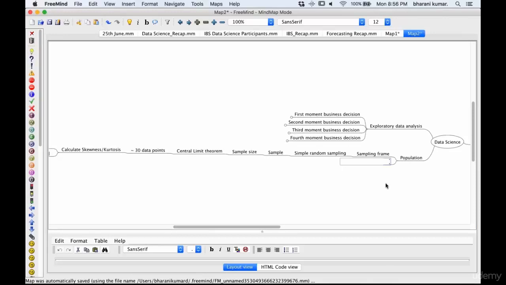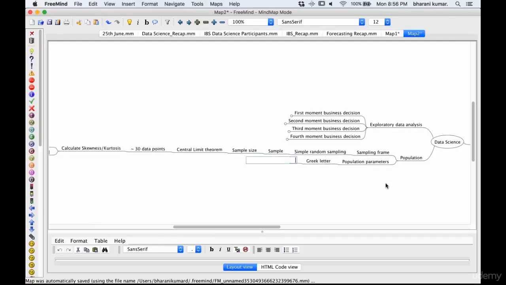And when you work on population, you call the measures population parameters, and population parameters are always represented using Greek letters. For example, mean is mu, standard deviation is sigma, sigma square is variance, proportion is pi, and so on and so forth.